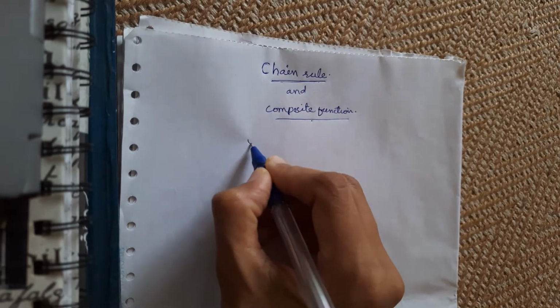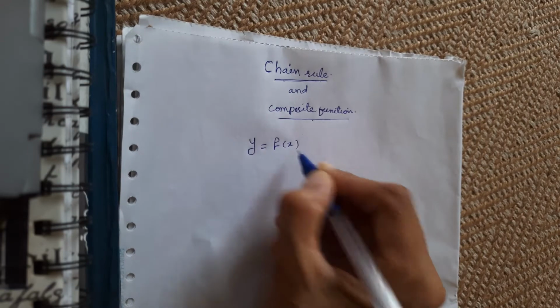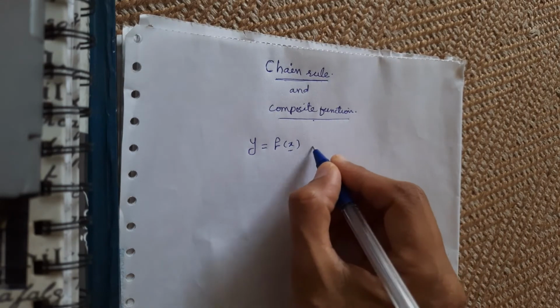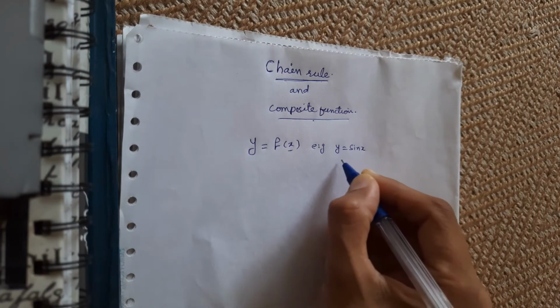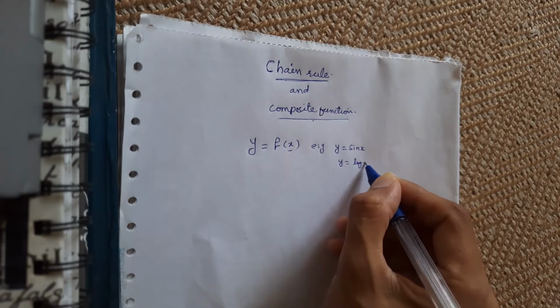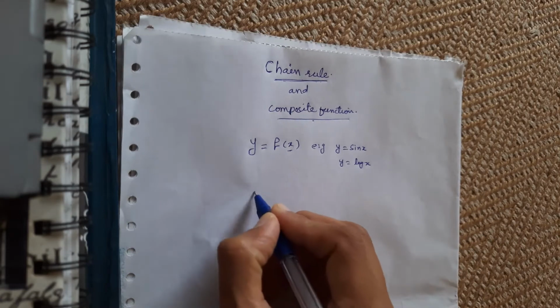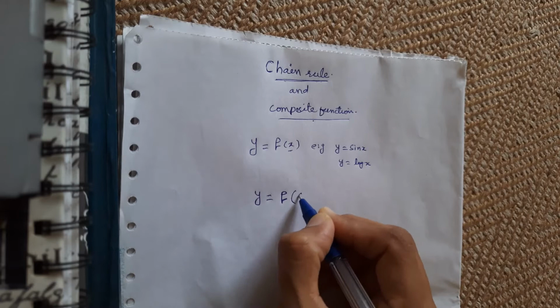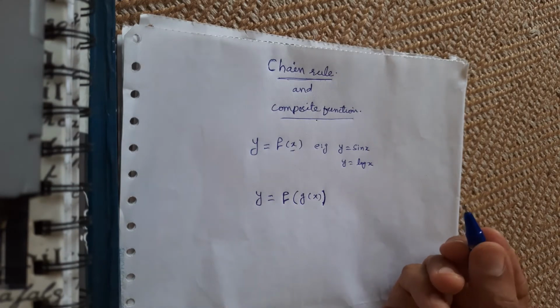Suppose I have a function y. This is my simple function, y equals f of x. Y is a function of x. Examples: y equals sin x, or y equals log x. These are examples of simple functions. Now suppose y is a function of g of x.